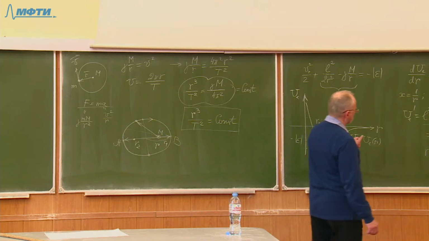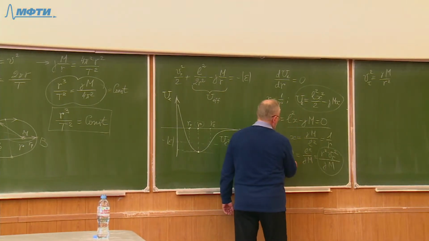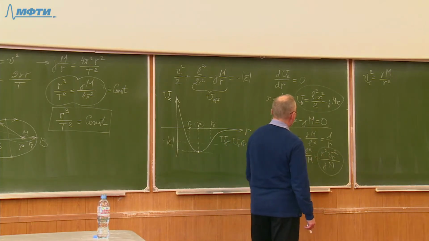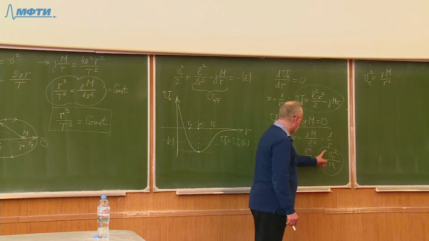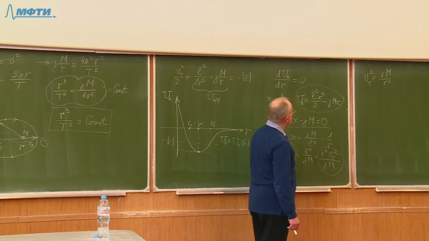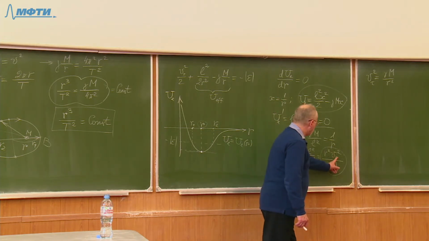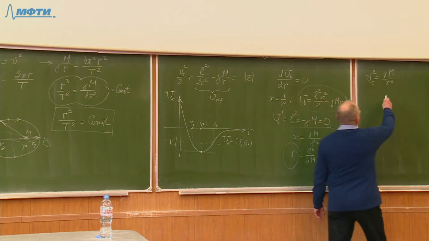Yes, certainly. We should take this expression rather than this one. If we take these two parts of the equality, then one radius will cancel, certainly. And what we will have is the tangential component of velocity squared equal to gamma M divided by r.